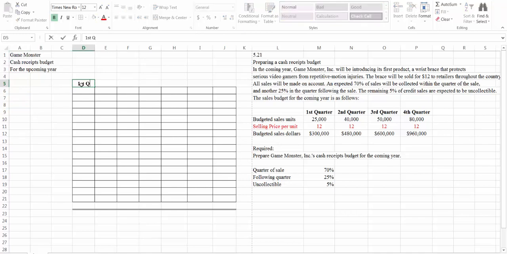So we'll make this the first quarter, second, third, and fourth. And then this is going to be our total. We'll have a column for bad debts and a column for accounts receivable, which are any of the sales that we made that we aren't collecting during the year.